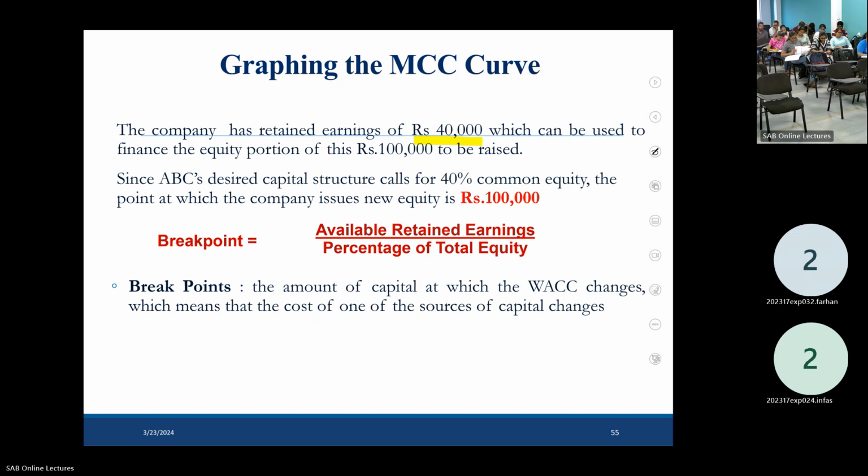The weighted average cost of capital we calculated using retained earnings was 11.4. You calculated it assuming first you are using retained earnings.